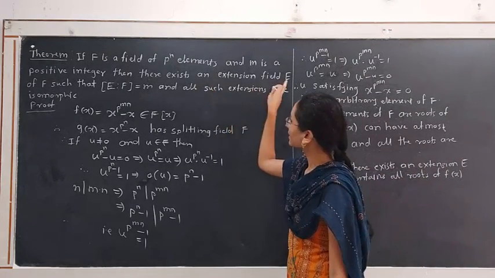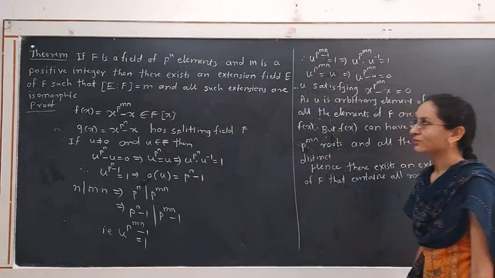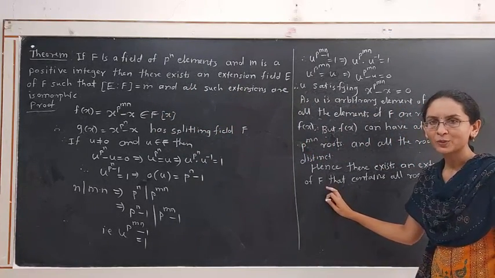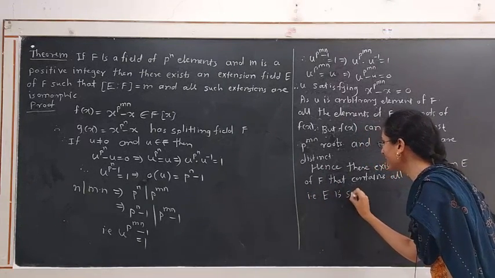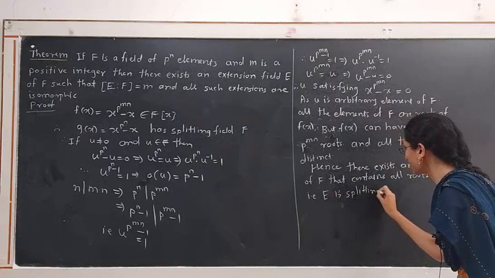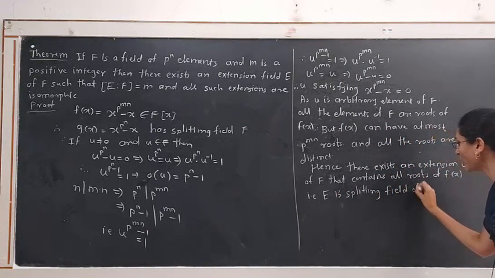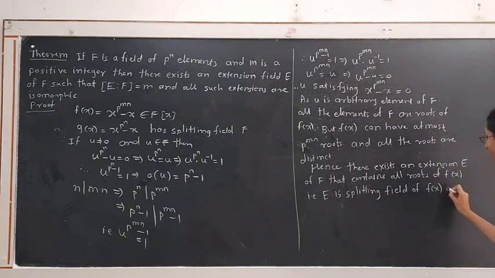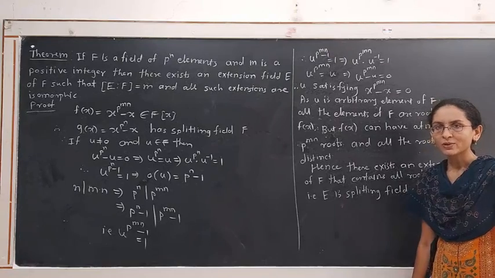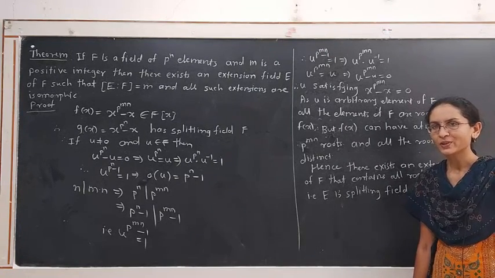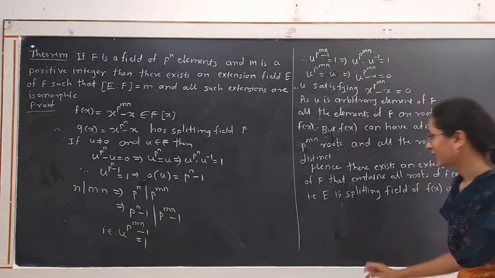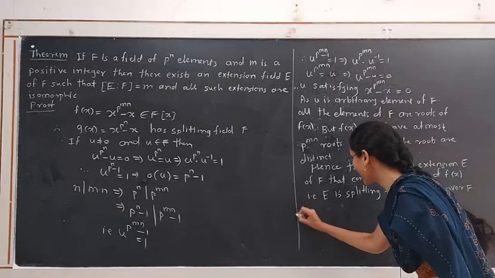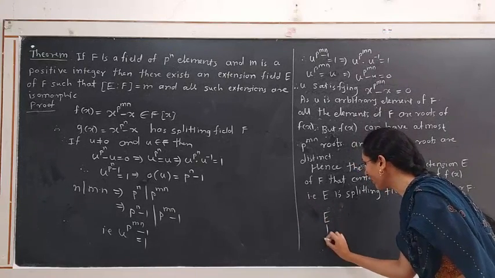We have an extension E of F that contains all the roots of f(x), means E is the splitting field of the polynomial f(x). That is, E is the splitting field of polynomial f(x) over F. But we know splitting fields of a polynomial are unique up to isomorphism. Hence, all such extensions are isomorphic, and we are getting E as an extension of F.